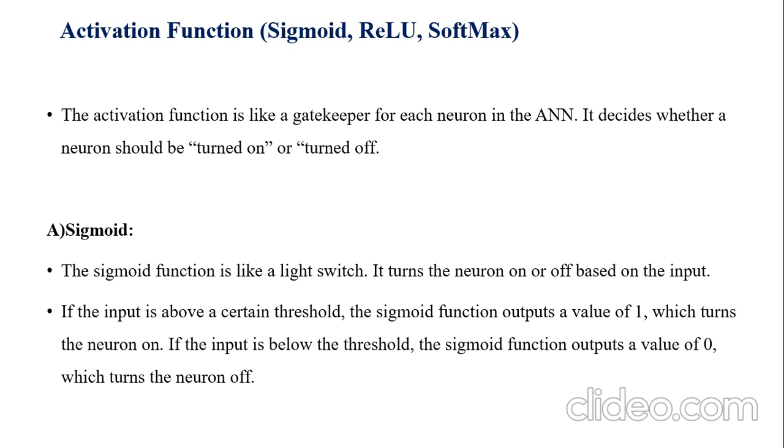So one activation is called Sigmoid, which is similar to a switch, because it turns the neuron on or off based on the input. If the input is above the threshold level, the Sigmoid function outputs a value of 1. Otherwise, it outputs a value that turns the neuron off.